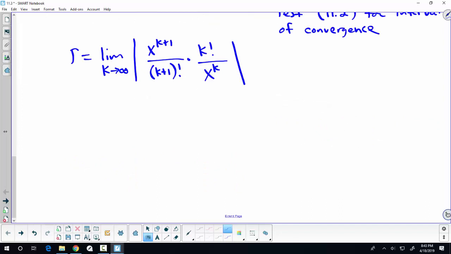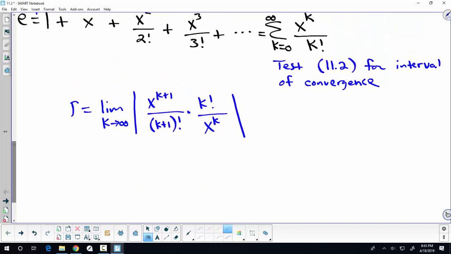So there's a ratio applied to the series representation for what we think is e to the x. So what do we have left over? We have x over k plus 1, since k plus 1 factorial gives us k plus 1. Which is 0, right? The limit is 0.